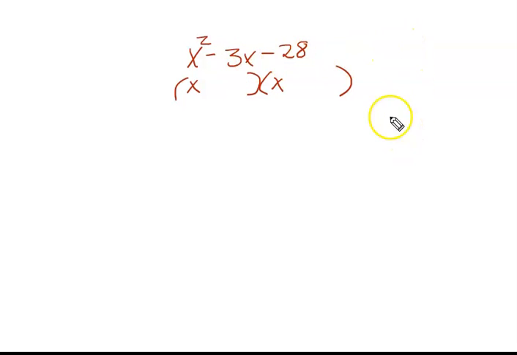So again, you can write them out, but for this, we're assuming you would say 7 times 4. 7 times 4 is 28, and the difference between them is 3. But to get a negative sign in the middle, your 7, the outers, would have to be negative and your inners positive.